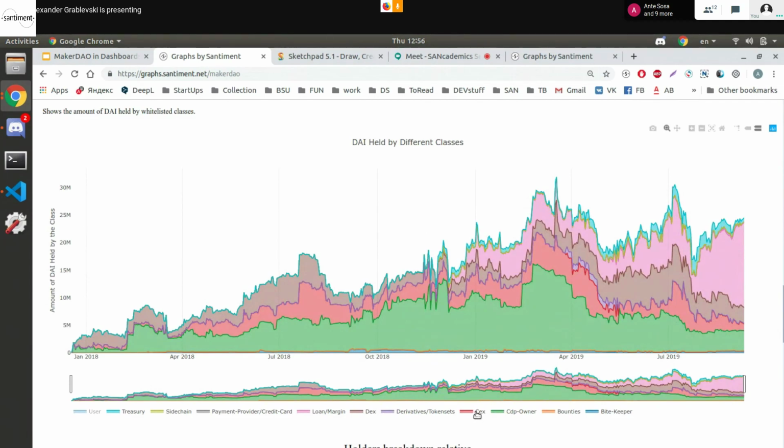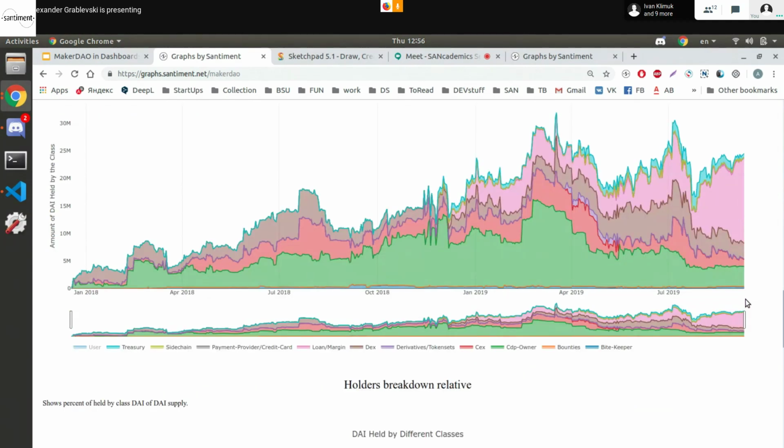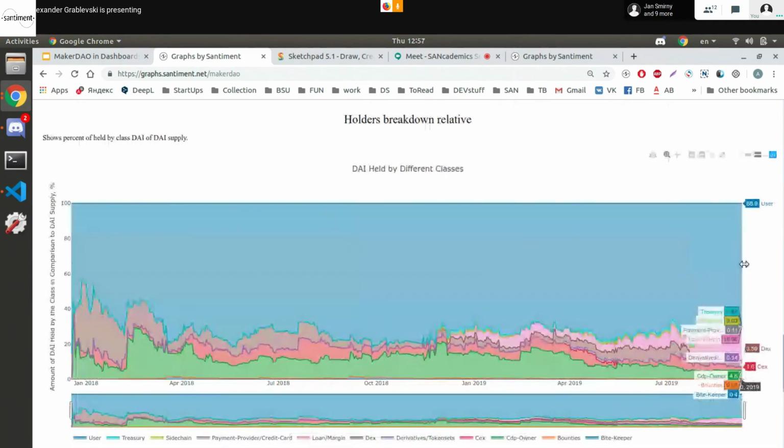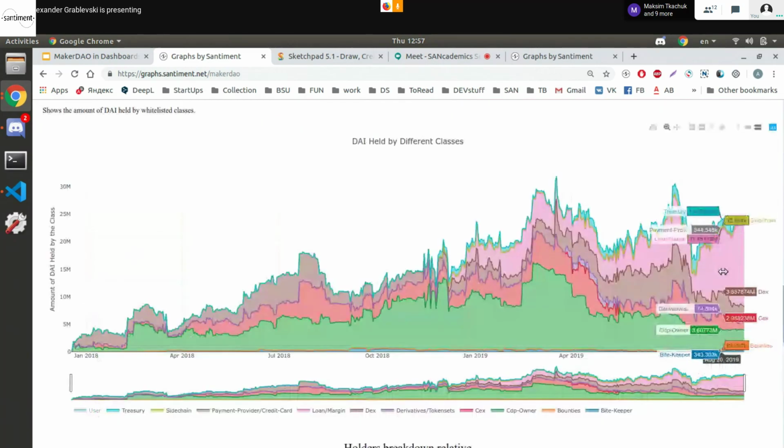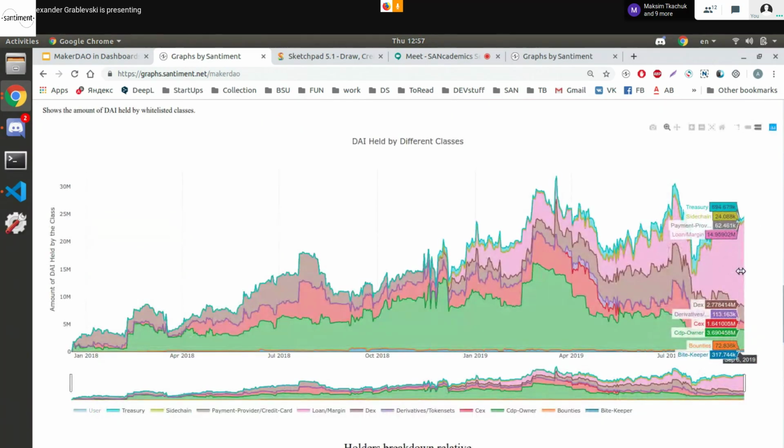So let's take, for example, centralized exchanges. We see that the amount of DAI that's held on centralized exchanges is about 1.2 million DAI, and in percentage, it's about 1.6%. That's not actually a lot. But the interesting thing, the most active DAI users that are known by us, are the loan and margin category.